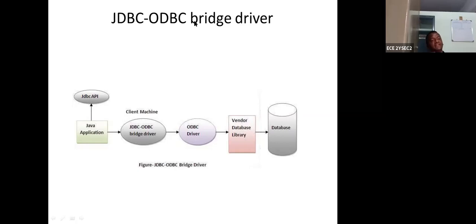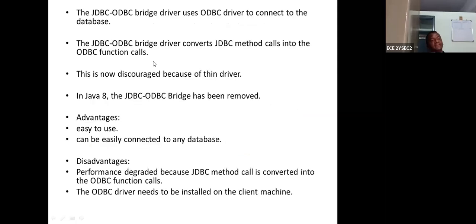That is linked with language. Your application is in the Java language, so how to make the connection? You should convert the method calls from Java to C language. That's why you should use two drivers, JDBC drivers and ODBC drivers.